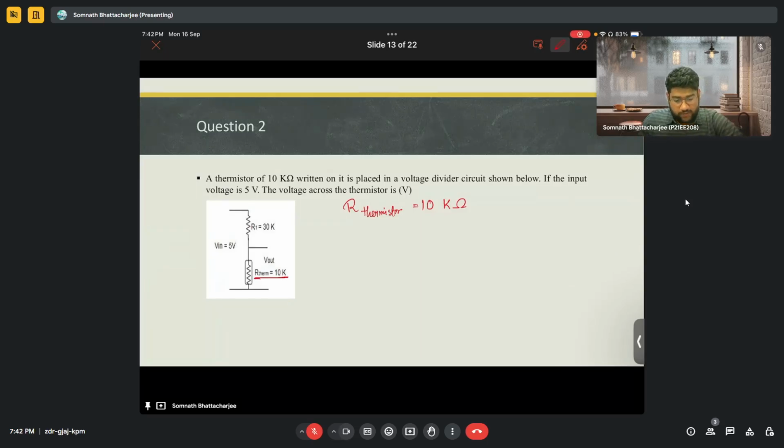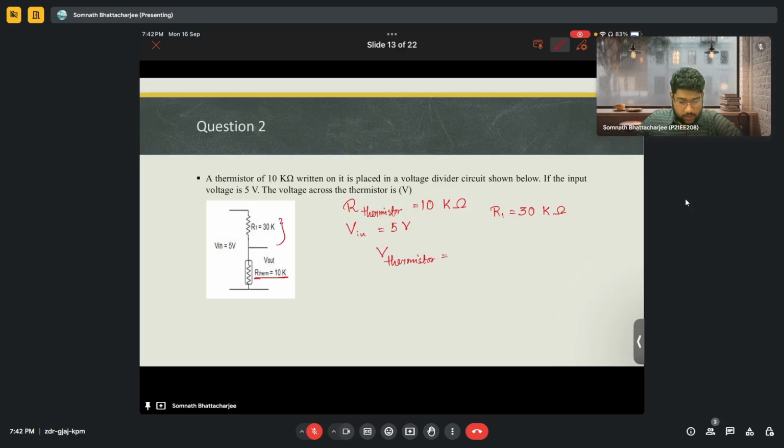The input voltage V is already given as 5 volts. The other resistor, R1, is 30 kilo ohms. The voltage across the thermistor will be what?